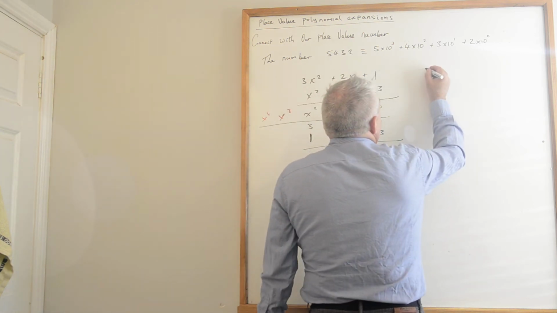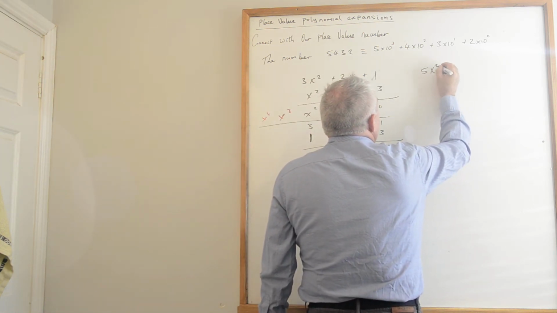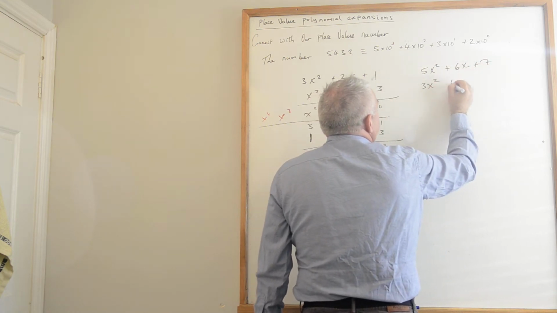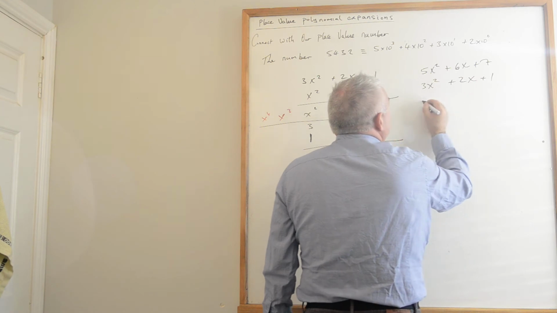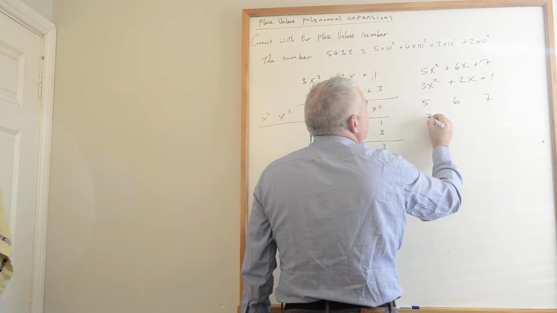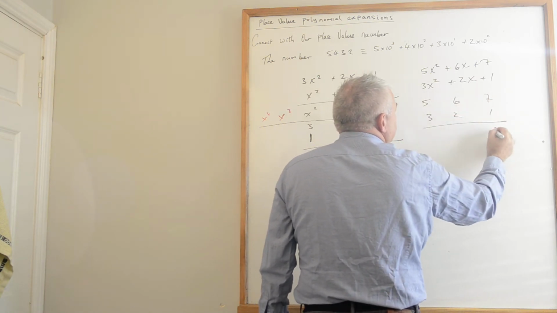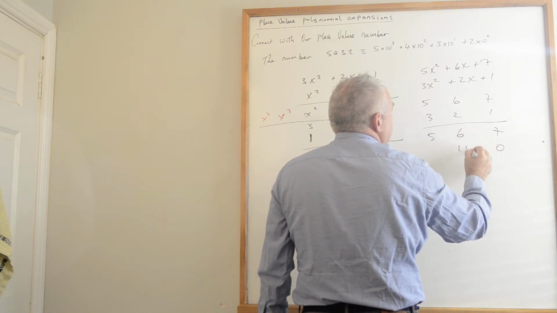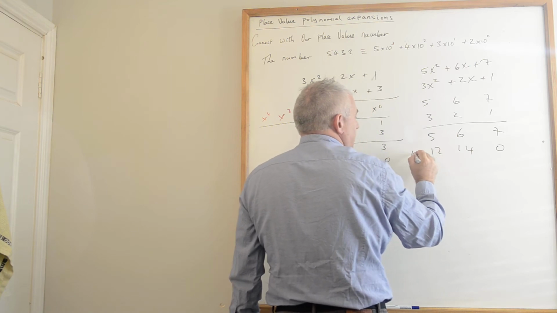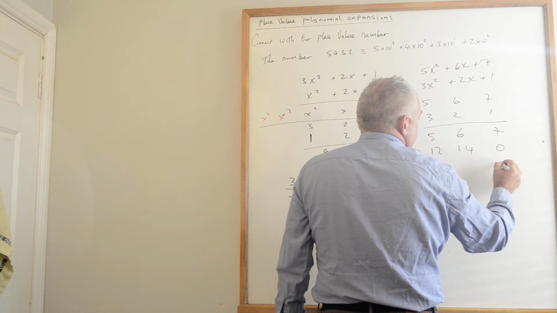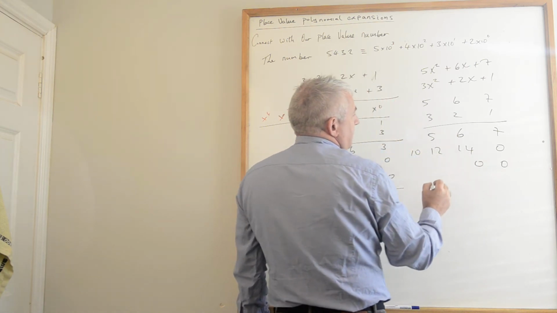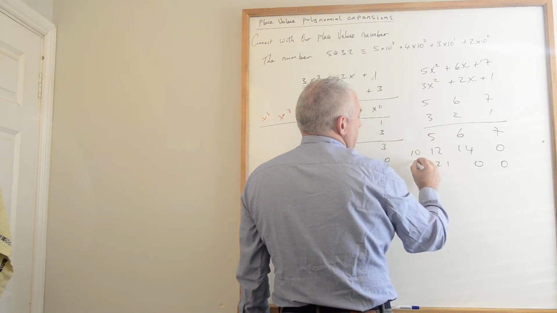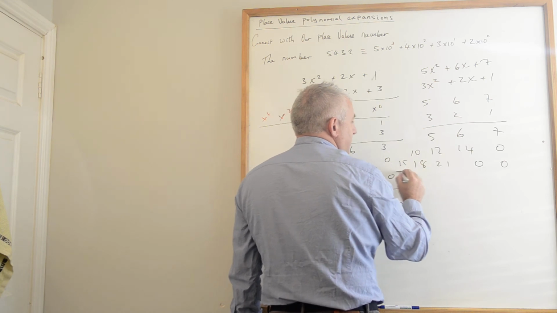Okay, so let's multiply 5x squared plus 6x plus 7 by 3x squared plus 2x plus 1. We're going to go 5, 6, 7, 3, 2, 1, 7, 6, 5, 0, 14, 12, 10, 0, 0, 21, 18, and 15.